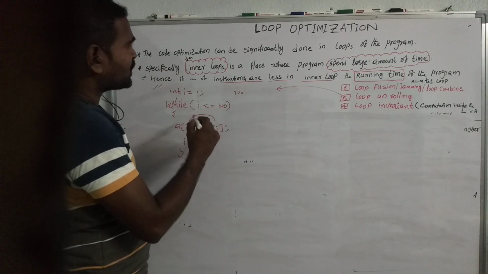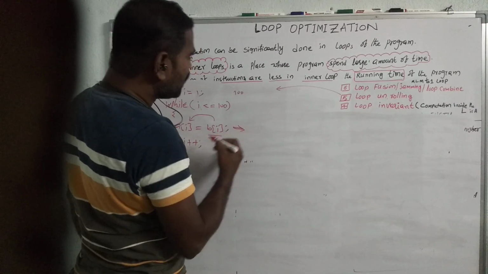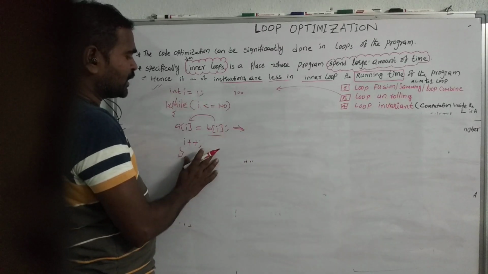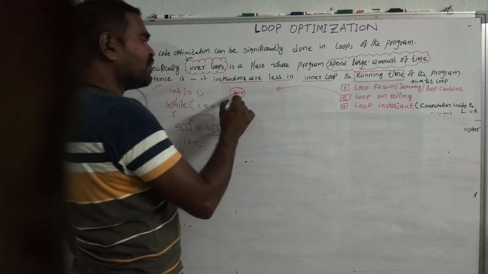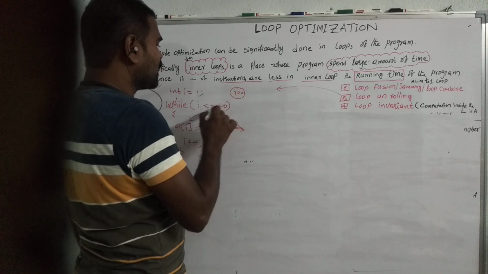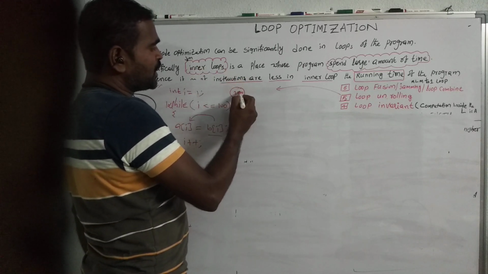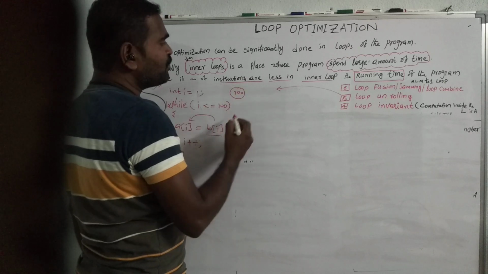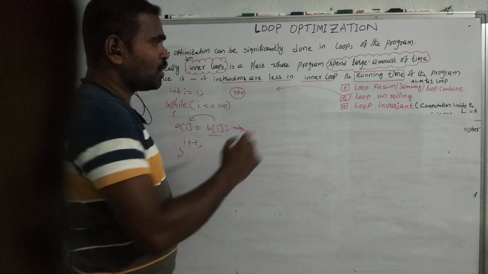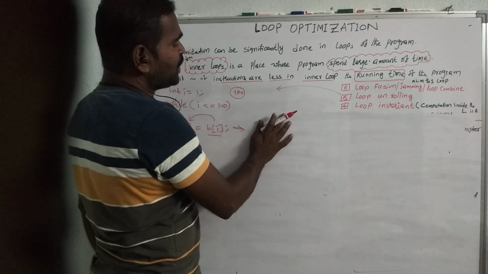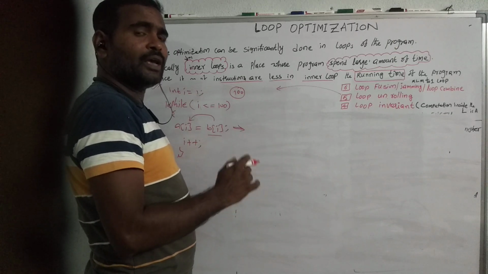This is not yet the loop unrolling technique; it is evaluated 100 times. We can reduce the number of iterations if the counter variable's size is large. At that time you can apply the loop unrolling technique, which improves our target program efficiency.